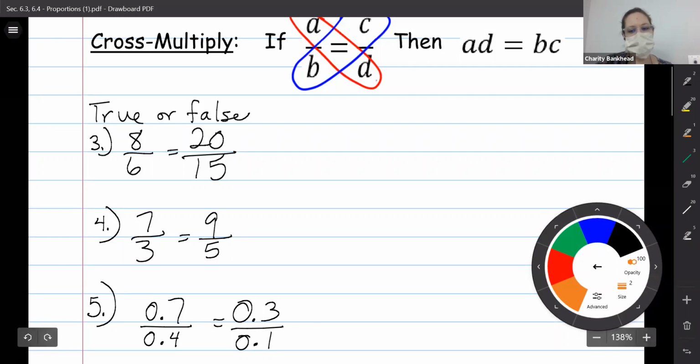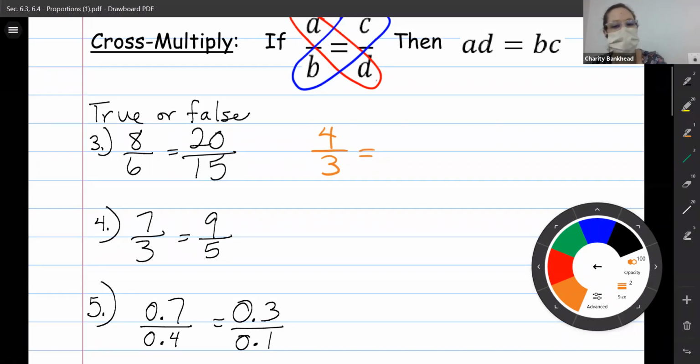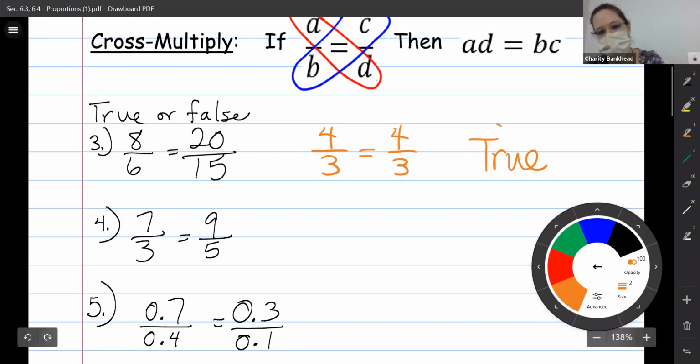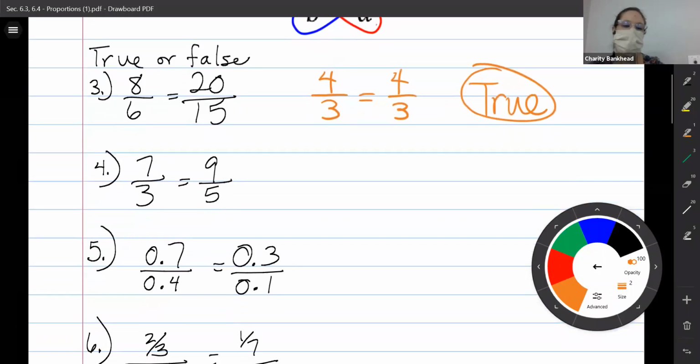So for example, 8 over 6, I can reduce that. 2 goes into 8 4 times, 2 goes into 6 3 times, so that reduces to 4/3. And then 20 over 15, 5 goes into 20 4 times, 5 goes into 15 3 times, so obviously 4/3 equals 4/3, so that's true. On number 4, both of those fractions are already reduced, and they're just not equal to each other.